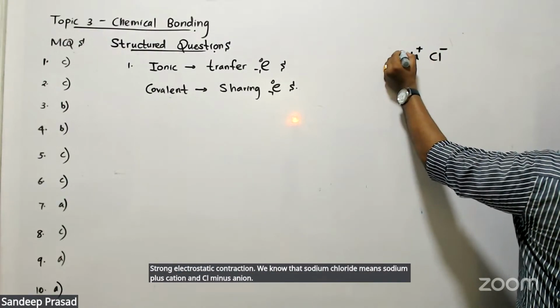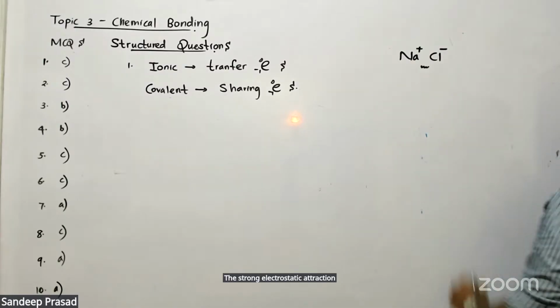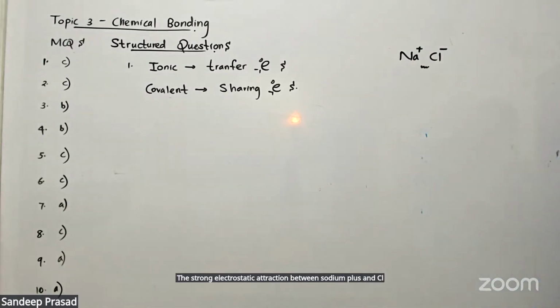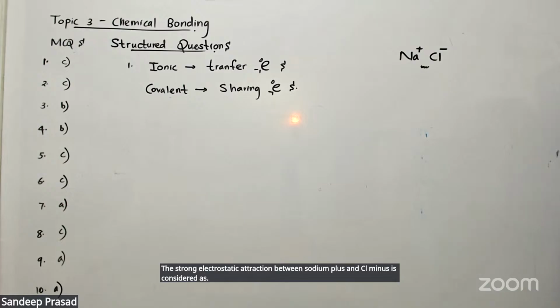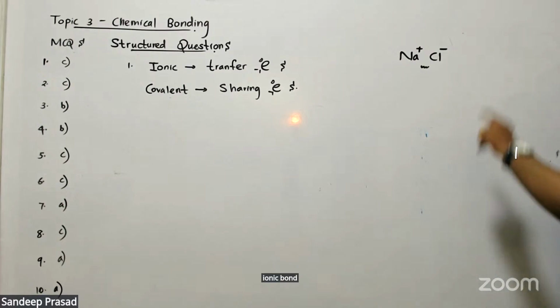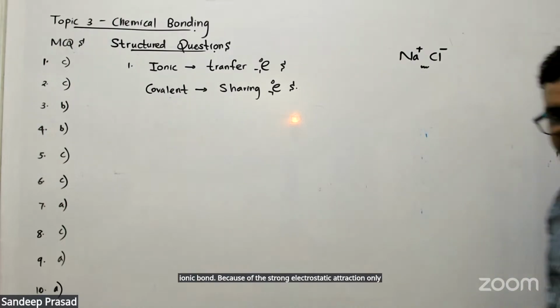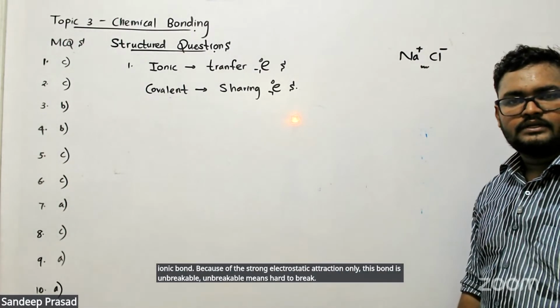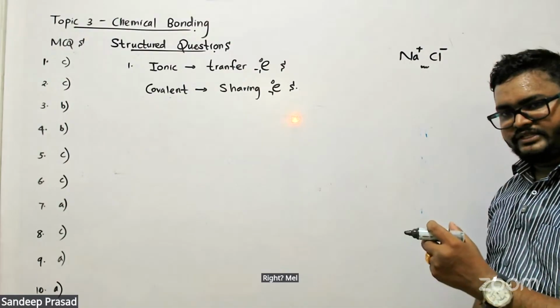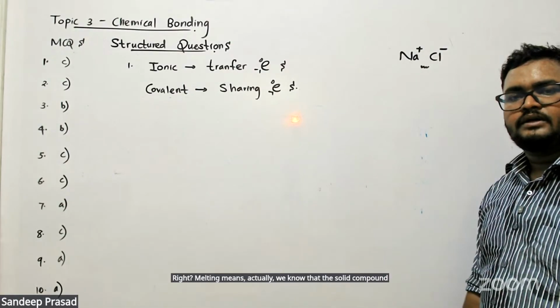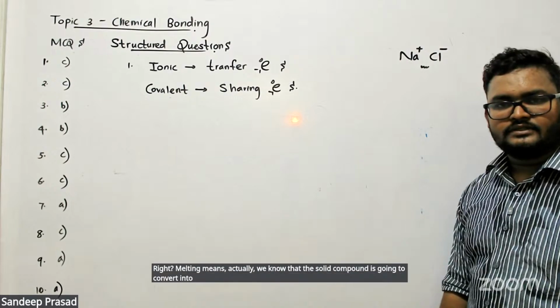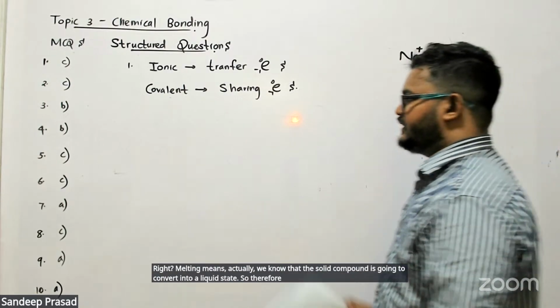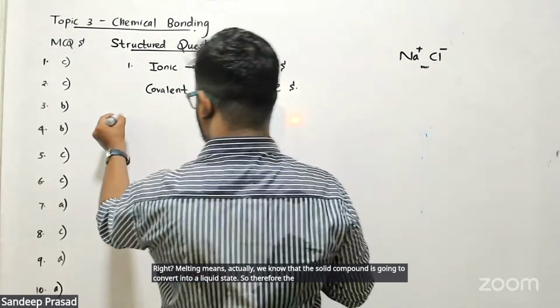The strong electrostatic attraction between sodium plus and Cl minus is considered as ionic bond. Because of this strong electrostatic attraction only, this bond is unbreakable. Unbreakable means hard to break, right? Melting means the solid compound is going to convert into a liquid state. So therefore, the temperature required is very high, right?